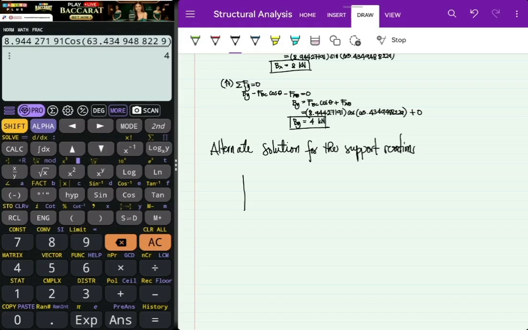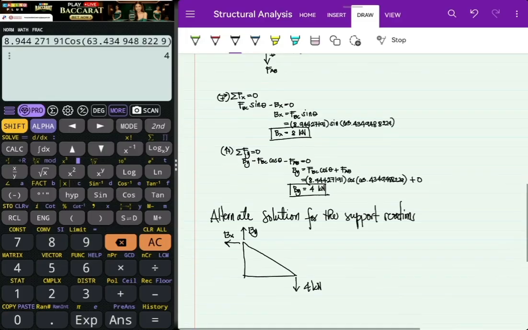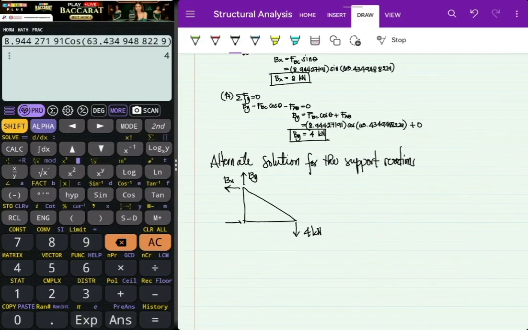So this is our triangle, right? We have four kilonewtons, and then we say this is Bx here, then By, and then we have Ax here.